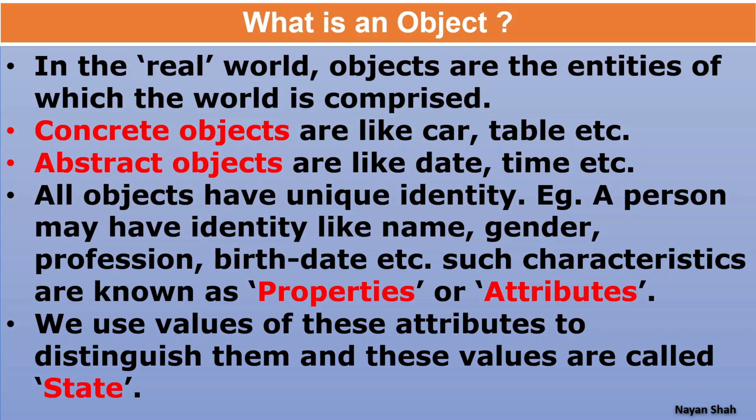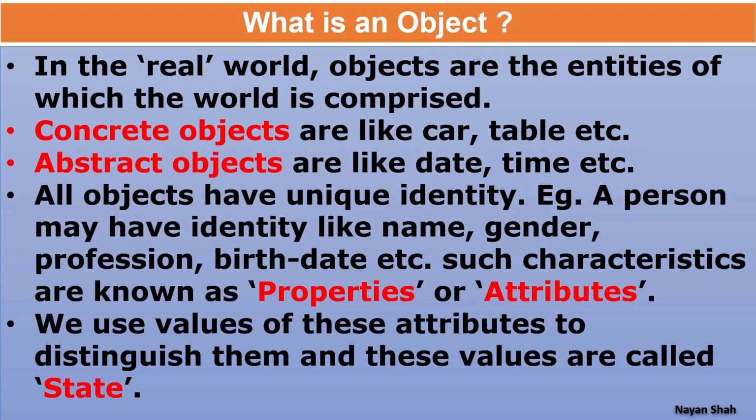All objects have a unique identity. Every object in this world will have a unique identity. For example, a person may have an identity like name, gender, profession, date of birth and such other characteristics, which are known as properties or attributes. For a simple example, we are all human beings. Or for example, in XYZ 12th standard class, there are 50 students.